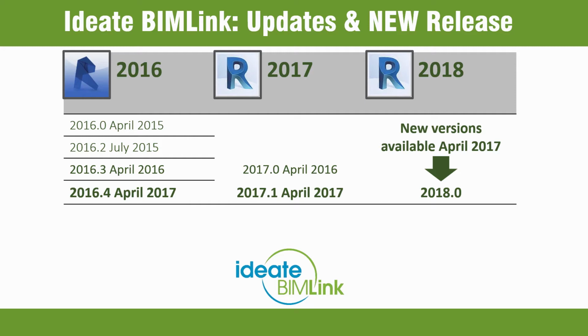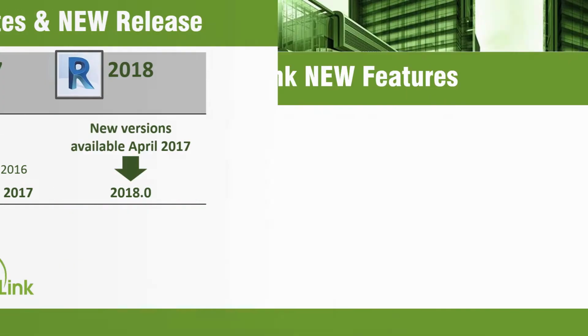You can easily update within your current version. All the changes mentioned in this video apply to Ideate BIMLink versions for Revit 2016, Revit 2017, and Revit 2018 unless otherwise noted. In this release, you'll find new features, user interface enhancements, and bug fixes.